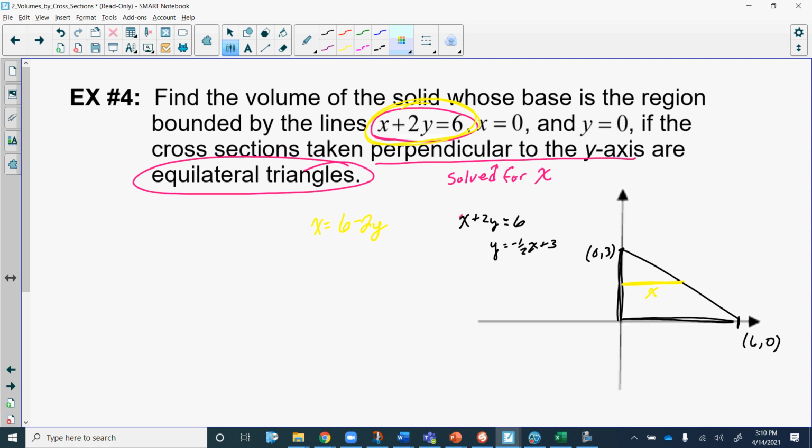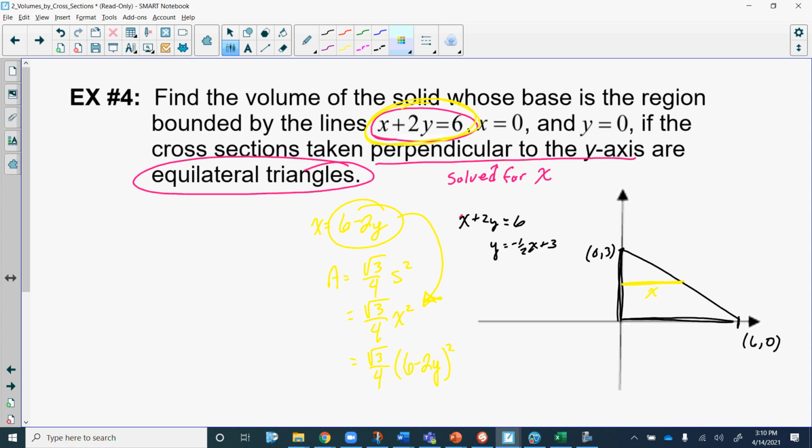So that's going to be x, and because they're giving us equilateral triangles, the area of an equilateral triangle is the square root of 3 over 4 times side squared, and in this case the side of the equilateral triangle is going to be x, so that would be the square root of 3 over 4 x squared. And because x is this, we're going to take that and put it in here. So that would be the square root of 3 over 4 times (6 minus 2y) squared.